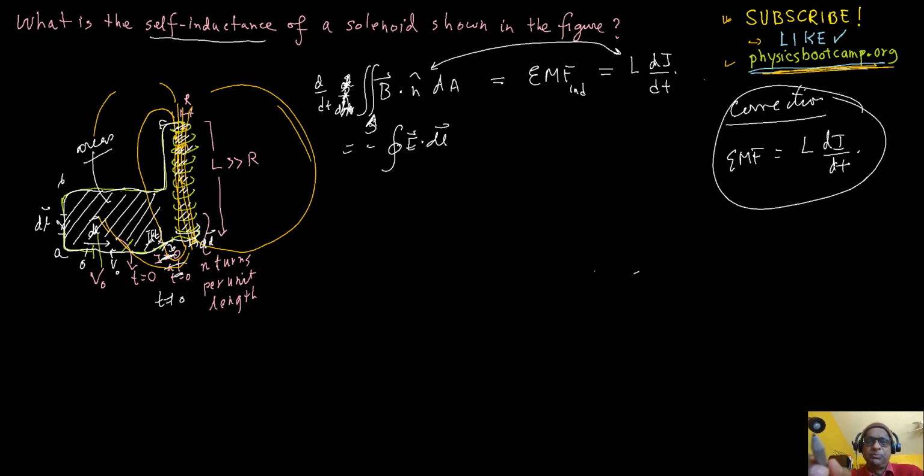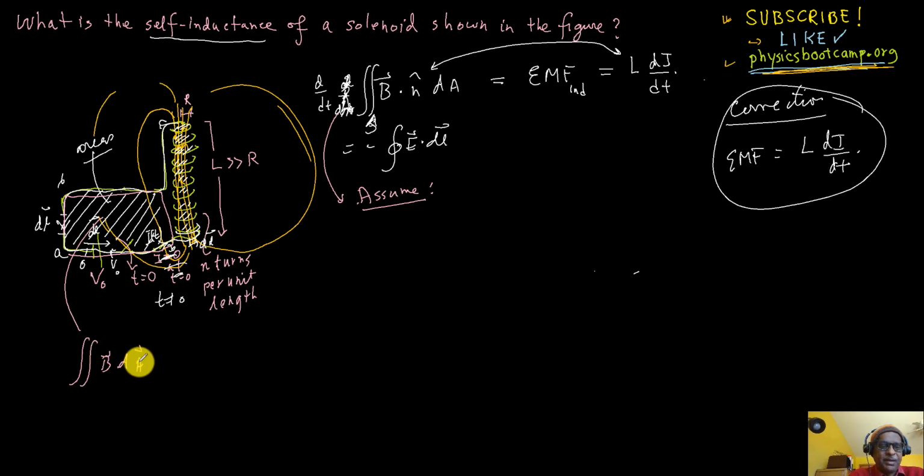So to do this, I'm going to assume that this part of the integral, B dot n hat dA, is almost 0, or much less than the B dot n hat dA over this B to C, inside the solenoid.